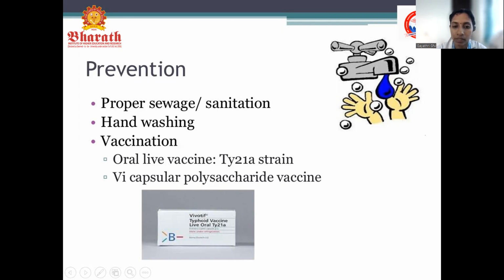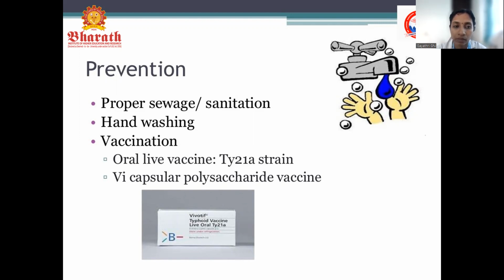Besides this, there is also a conjugated capsular vaccine, the typhoid conjugate vaccine, that can be given for children less than 2 years, because once the child starts taking complementary feeding and biting and taking everything, depending on the water quality of the place, any child is susceptible to get typhoid, and children less than 5 years can show more severity also.